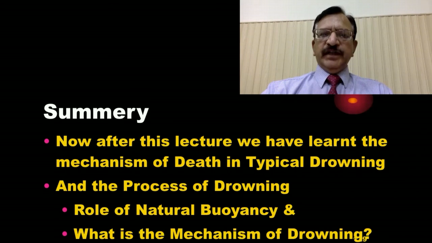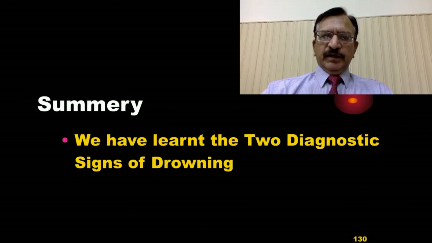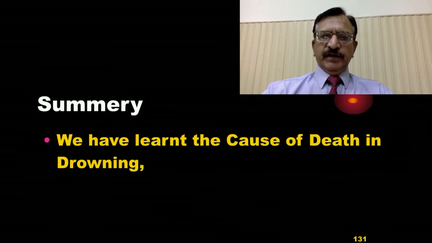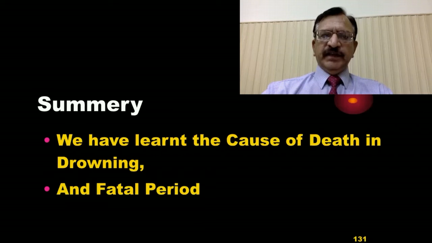Then what is the actual mechanism of drowning if natural buoyancy is there? So we have now understood that. Then we have learned the two external diagnostic signs of drowning, that is the fine froth and the cadaveric spasm. Then we have understood the cause of death and the fatal period.